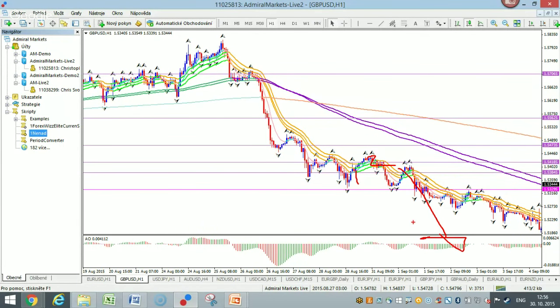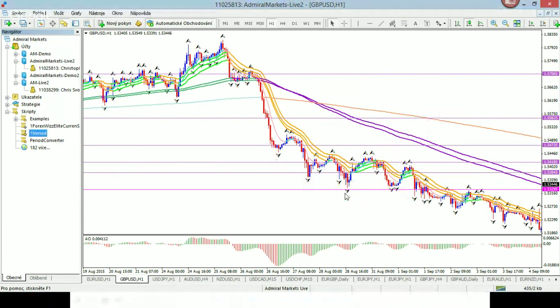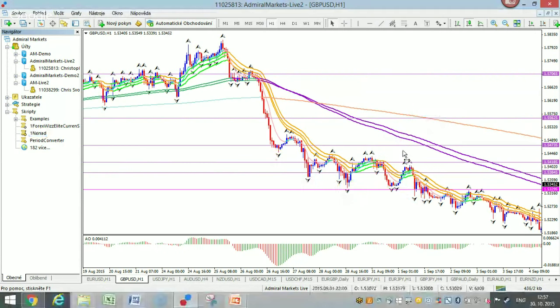And when you use this tool from this bottom, or this bottom, or this bottom, you know that it should not exceed level 3 in most cases, and definitely not level 4. And that could also be, in some cases, valuable information for trend continuation.